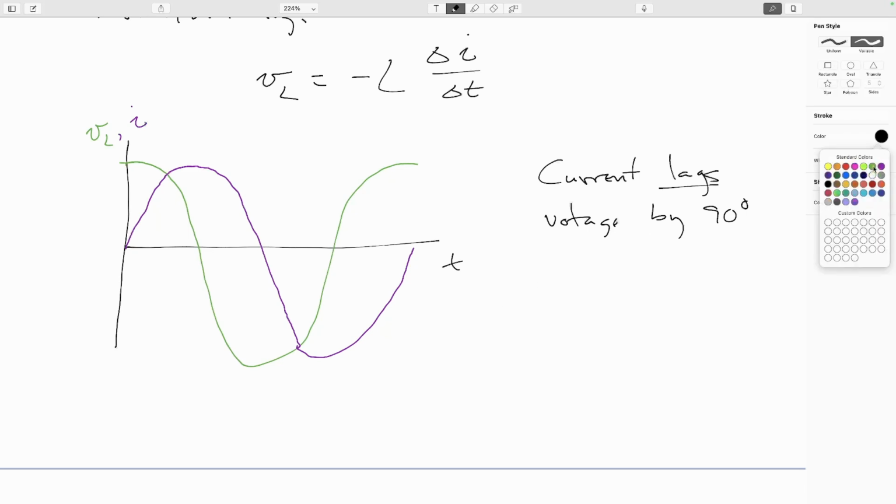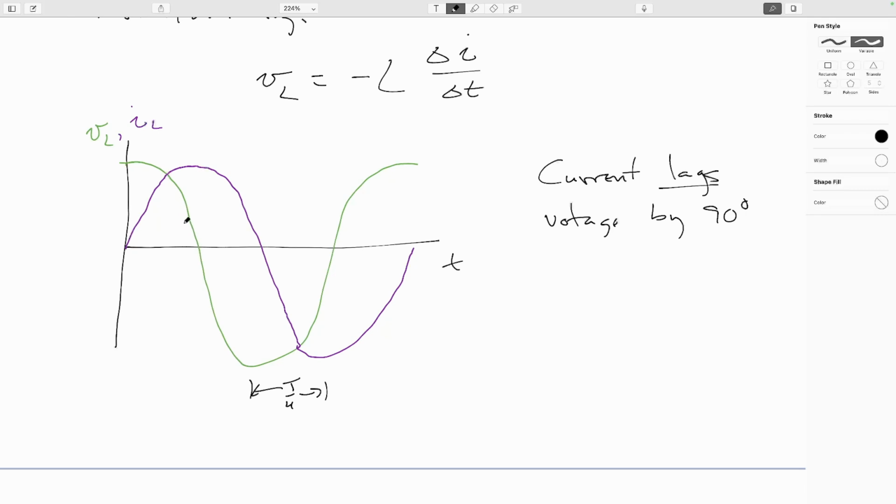So what I mean by that is, say here, if I come to a peak of voltage first, then a quarter of a period later, or 90 degrees, I'll hit that peak in the current.